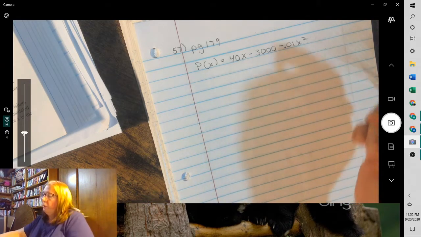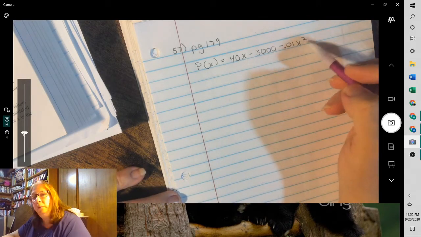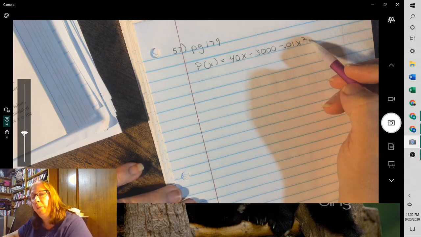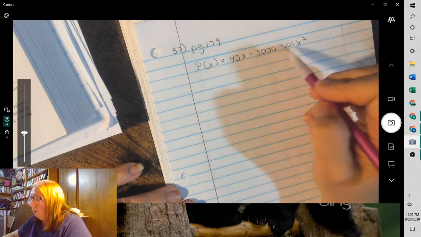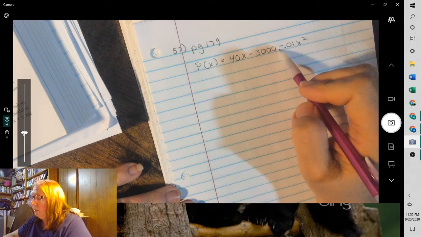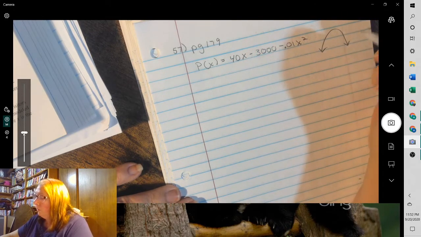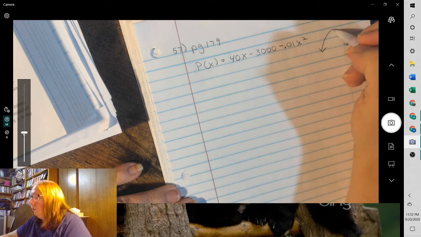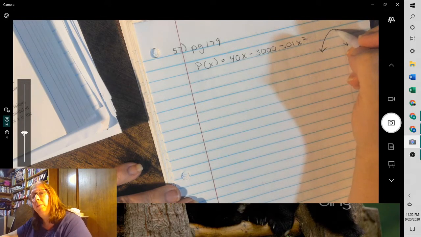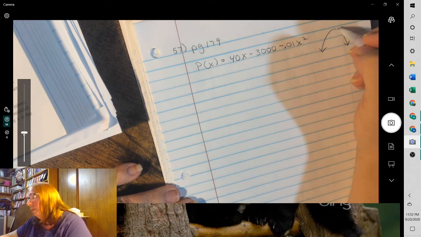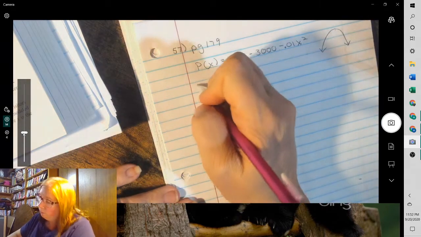Well, let's think about the graph. The degree is 2, so it's a parabola, it's quadratic. The x squared term is negative, so this parabola is going down. Since it is going this way, notice that our vertex is our maximum. So if we want to find the maximum, we have to find the vertex.